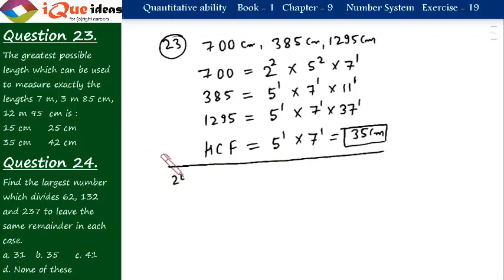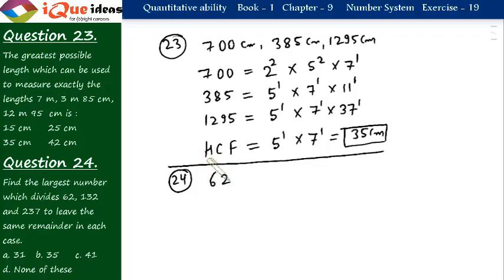Then question number 24. It says find the largest number which divides 62, 132 and 237 to leave the same remainder in each case. All right. So what we need to do is find the largest number which gives the same remainder.